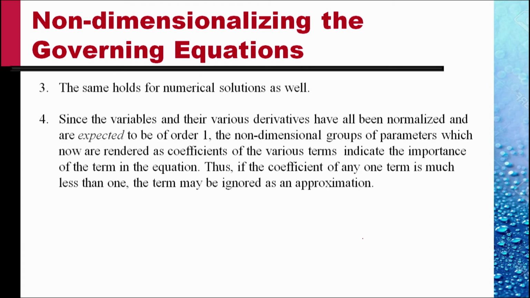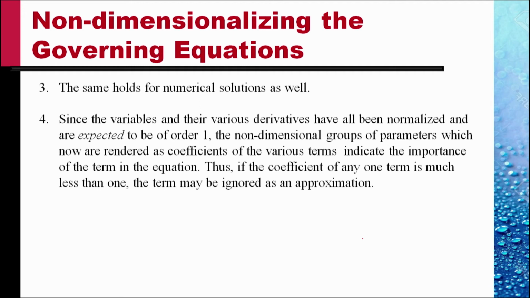The same holds for numerical solution as well. I won't have to run the program for various values of velocities and diameters and densities and viscosity. I can run the program against a constant value of Reynolds number. Since the variables and the various derivatives have all been normalized and are expected to be order 1, the non-dimensional groups of parameters, which now are rendered as coefficients of the various terms, indicate the importance of the terms in the equation.